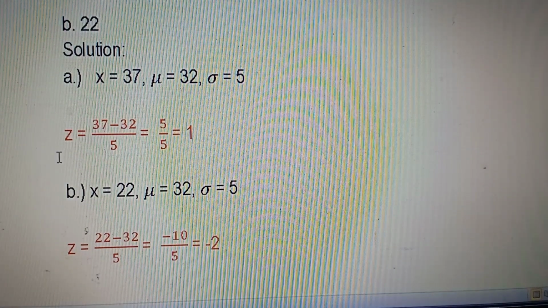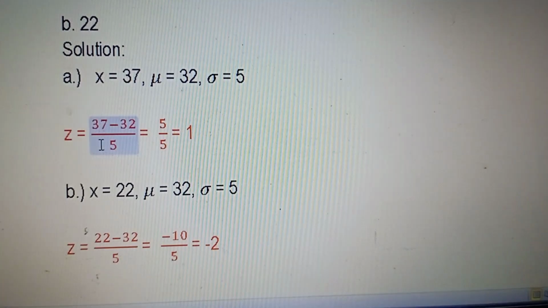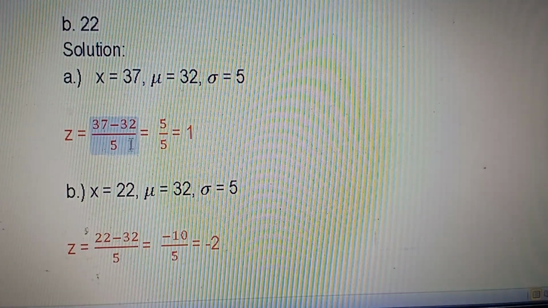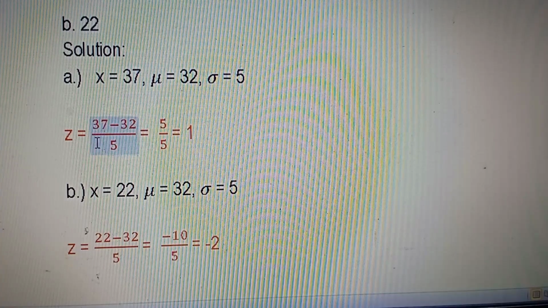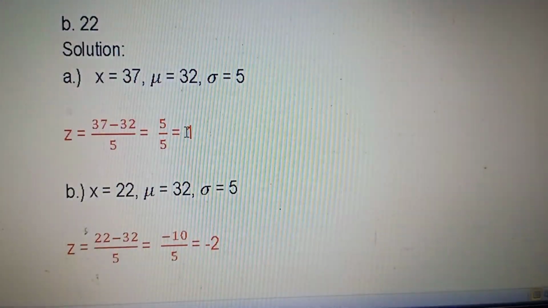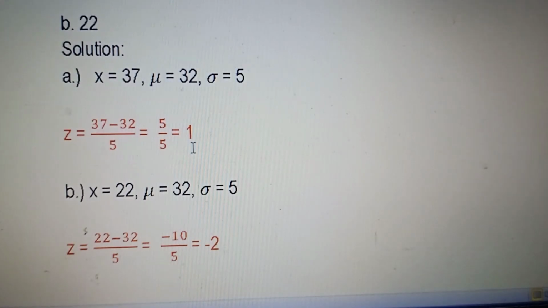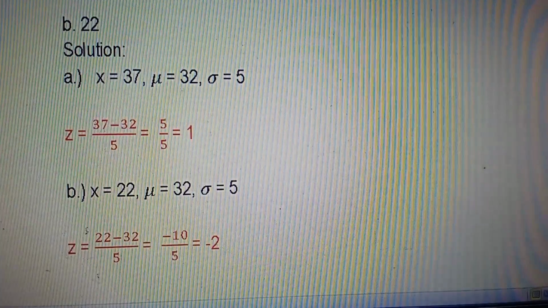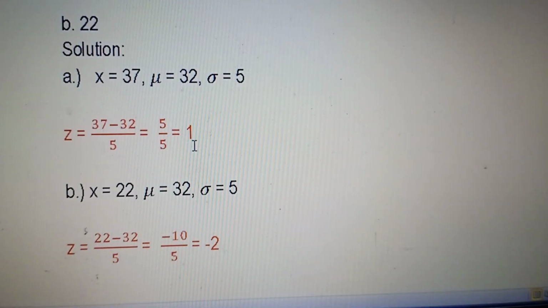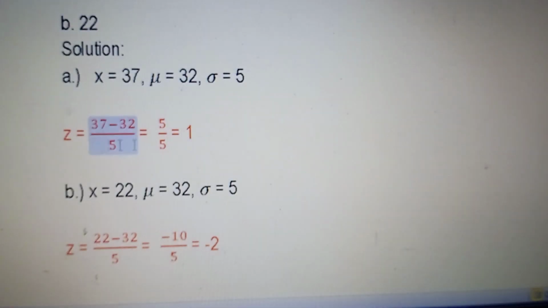Using the formula z equals x minus mu over sigma, we have 37 minus 32 over 5, which is 5 over 5 equals 1. So the z value of the score 37 is 1. We are just getting the z, that is what is asked in the problem.